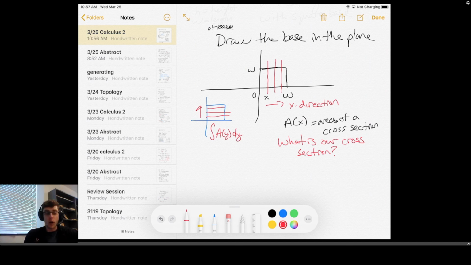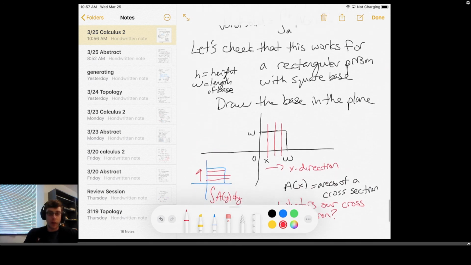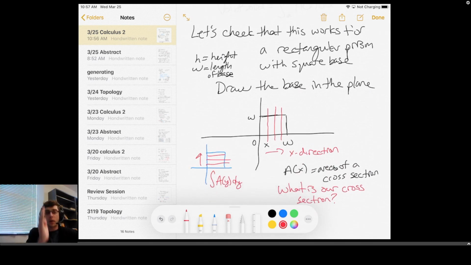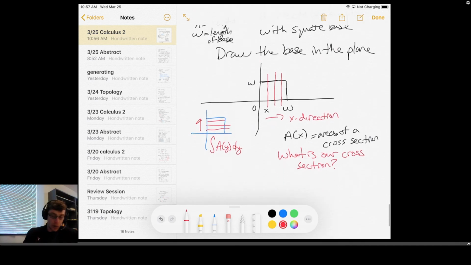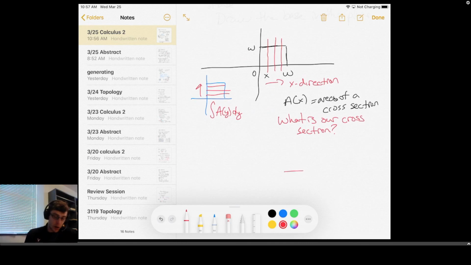Remember, when we go up, our height may not be the same as our width. We might be going up higher than this W. We know what the bottom of our cross section looks like, this is in the base. This is definitely length W. These are rectangles.